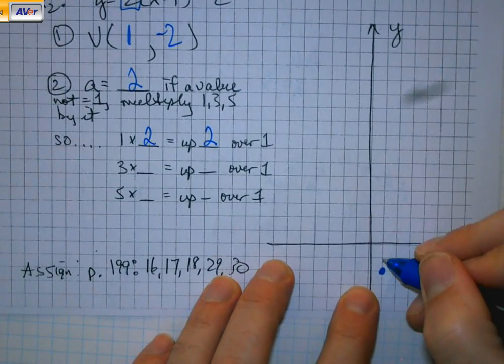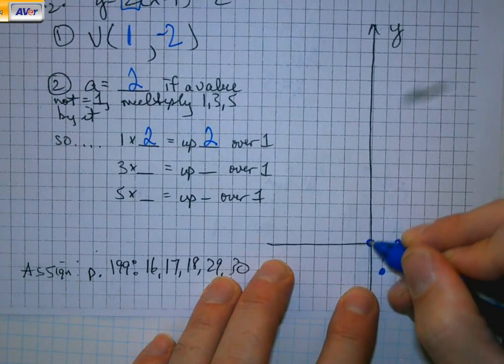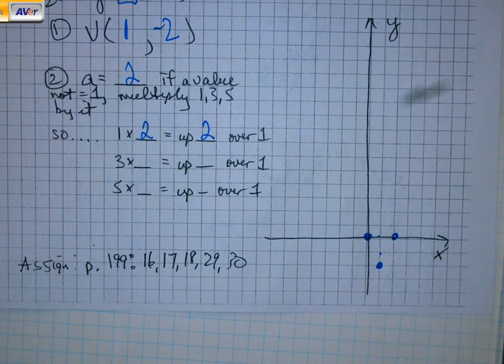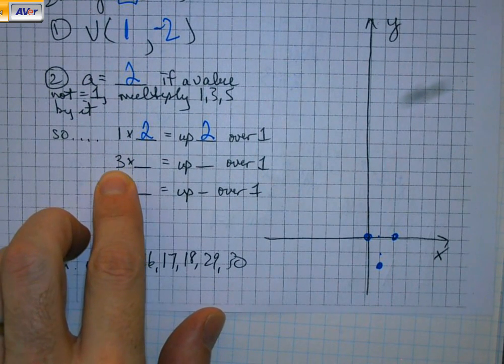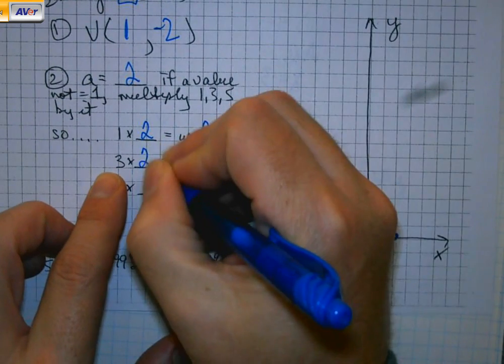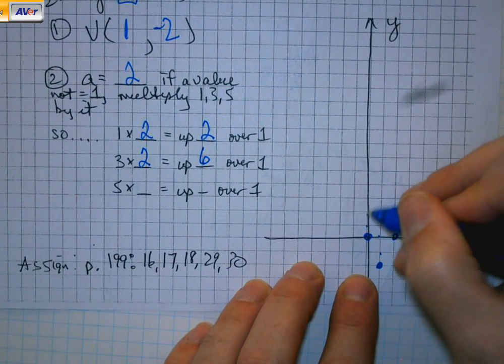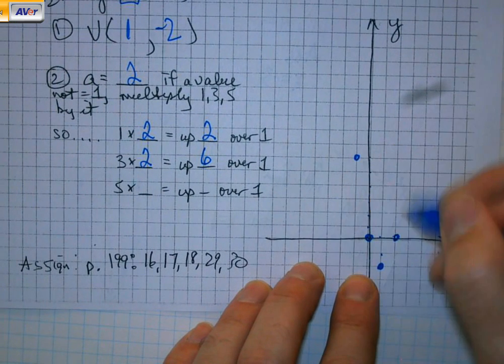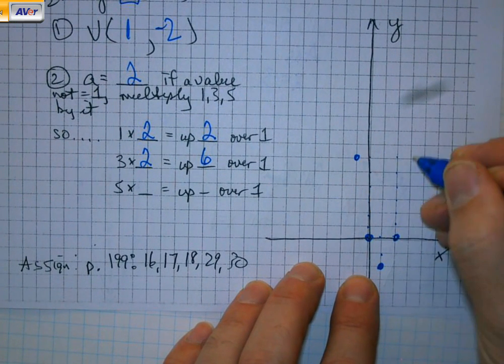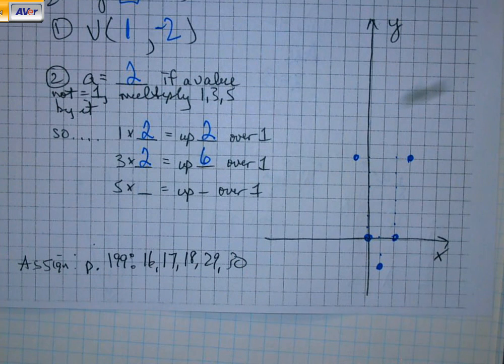So I'm going to go up 2 and over 1 in each direction. And then normally it would be 3, but I have an a value. 3 times 2 is 6. So I'm going to go up 1, 2, 3, 4, 5, 6.